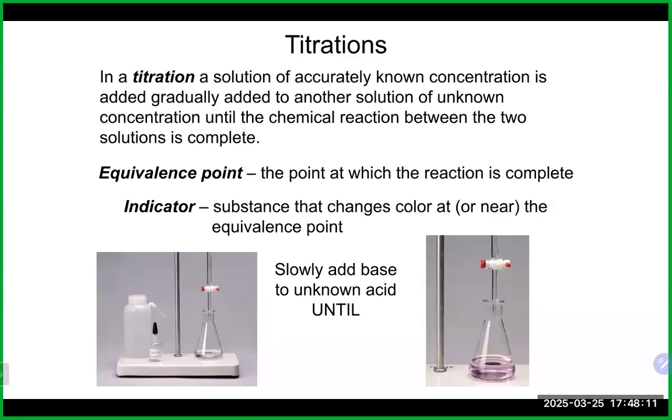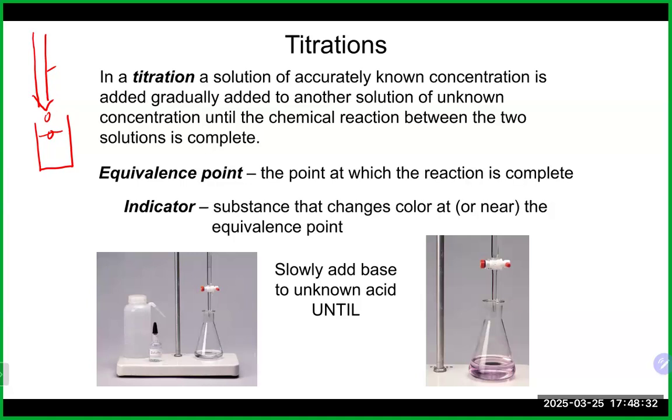And a titration is using, obviously, like we did last time, a burette, and we add from the burette to our solution. And typically we titrate and stop at what is known as the equivalence point.